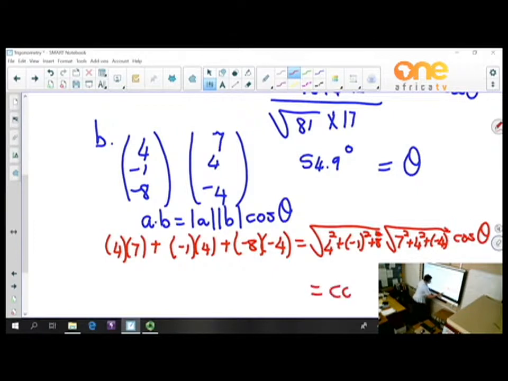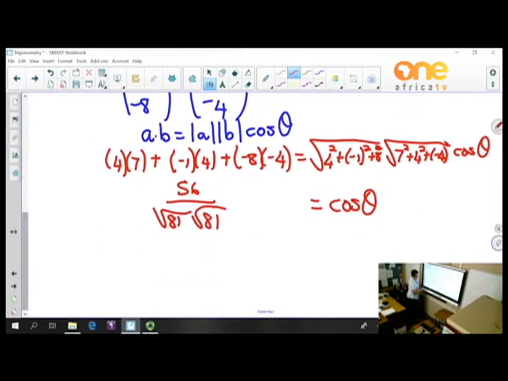So eventually cosine theta is equal to, so we do our calculations here, 56 over the square root of 81 times the square root of 81. You can change it to 9 if you want to. And then second function cosine, and the value of theta is 46.3 degrees. I hope you are sure of getting these angles, because this is the basic concept.